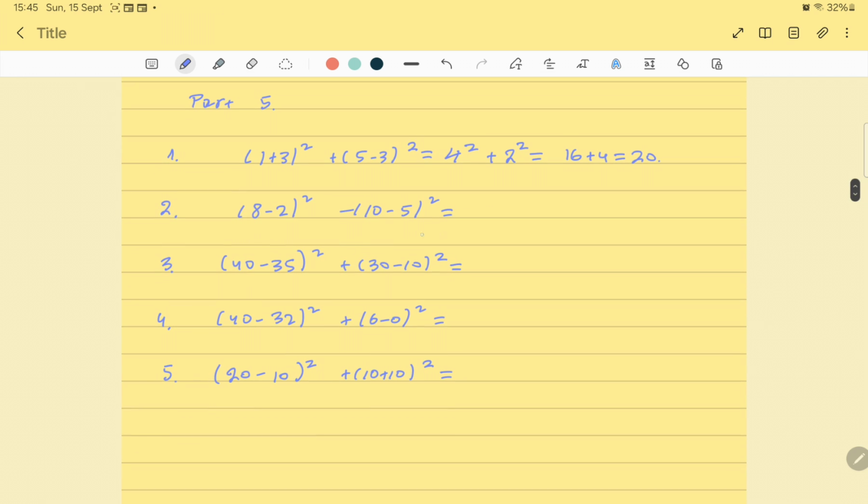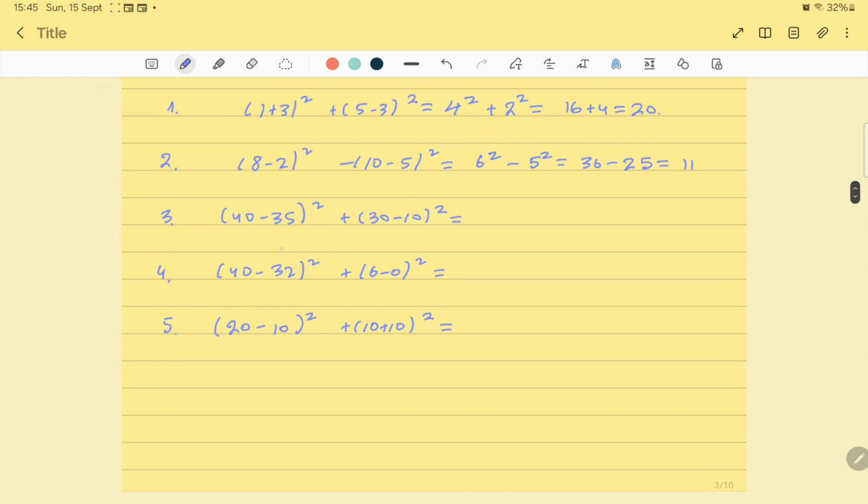Brackets and indices, so first we work out the brackets and indices and then we do the subtraction. 40 minus 35 is 5 squared, plus 30 take away 10 is 20 squared. This is 25 plus 400, 425.